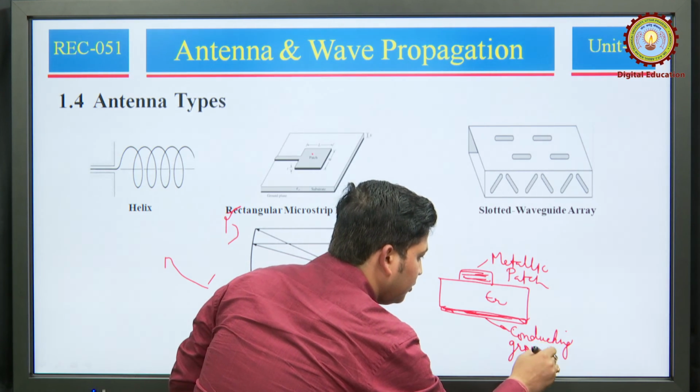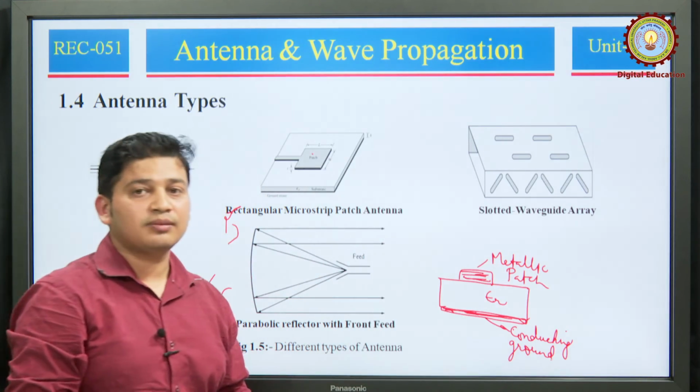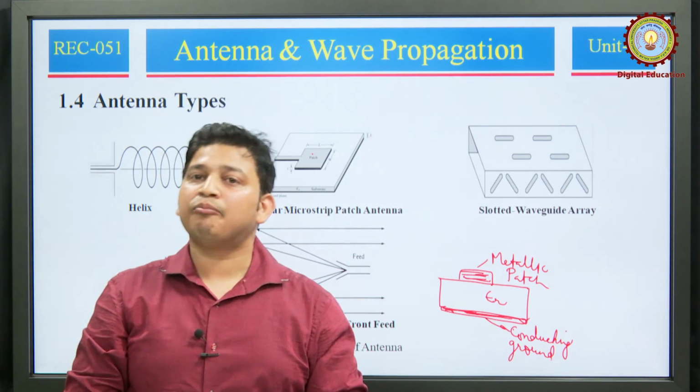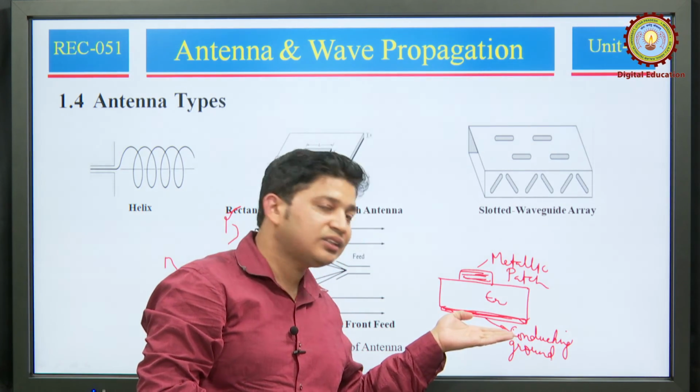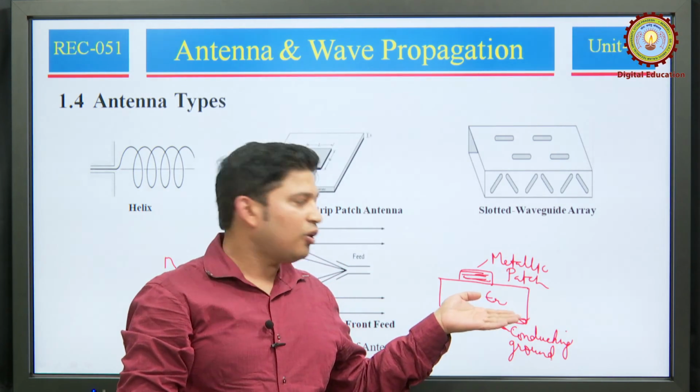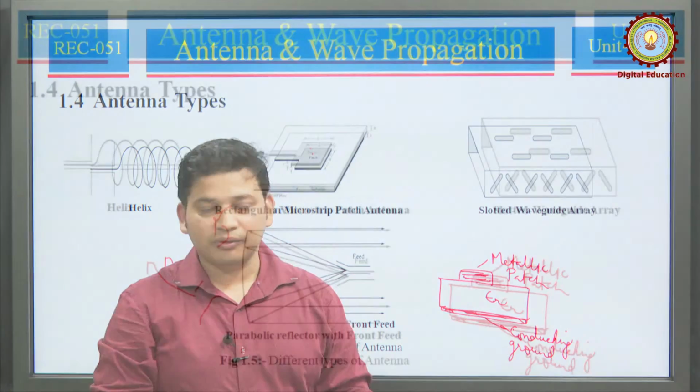This type of structure is known as a microstrip antenna, a very important antenna. Most mobile phones utilize this type of antenna. Nowadays, it is a printed type of antenna, okay.